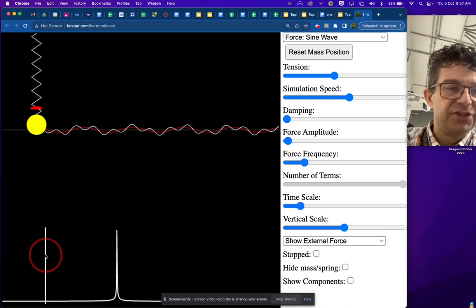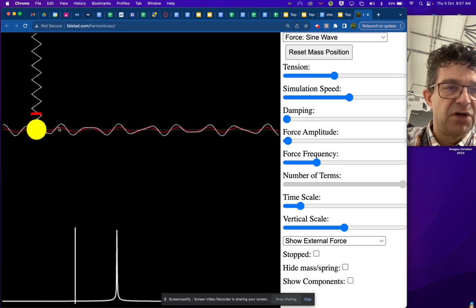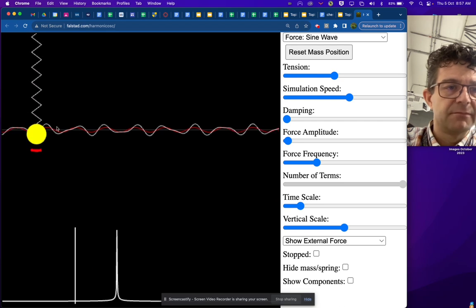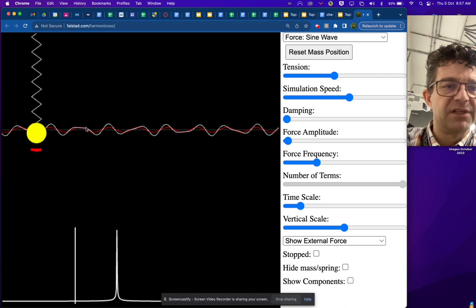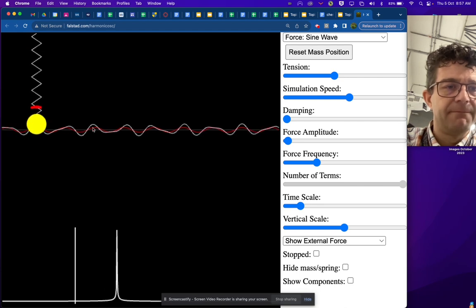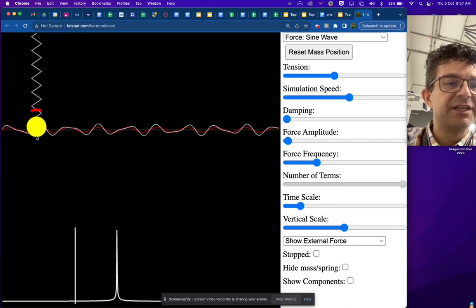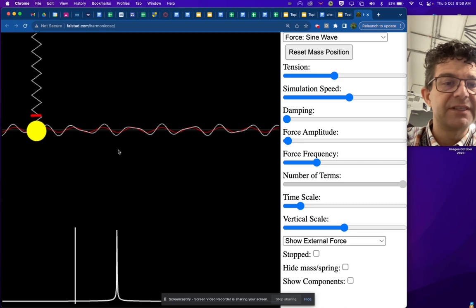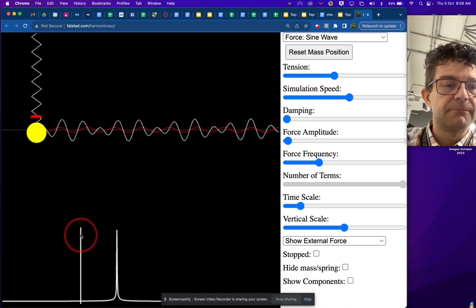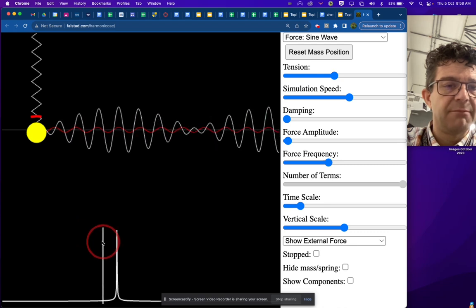We'll get closer to the resonance frequency here. Okay. Still a small drive frequency. Okay. The behavior becomes a little bit more complicated, but the amplitude of the motion stays very close to the amplitude of the drive frequency. Get a little bit closer, and we start to see some more complex behavior.